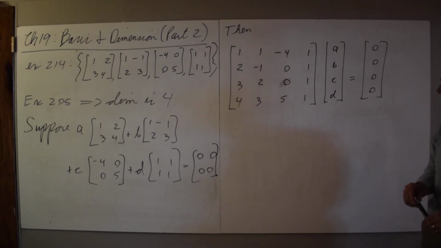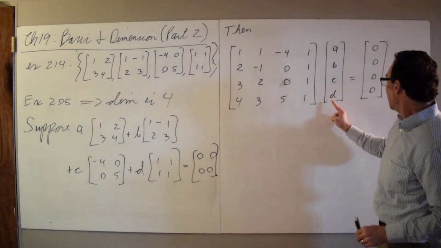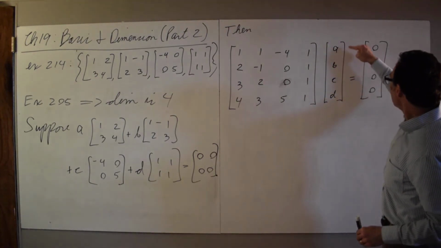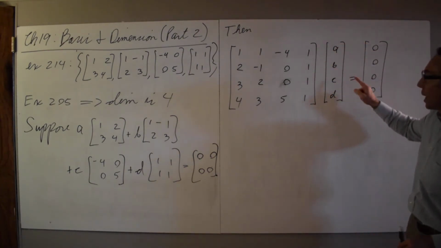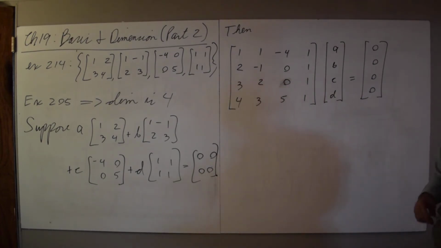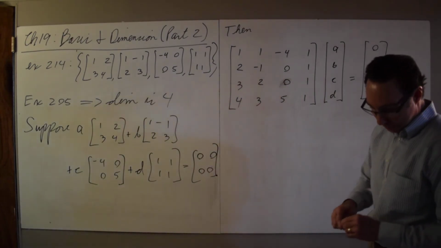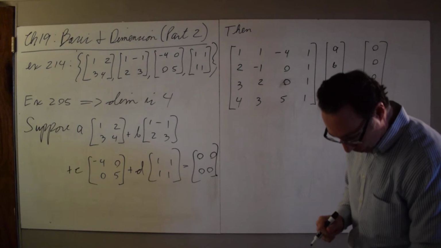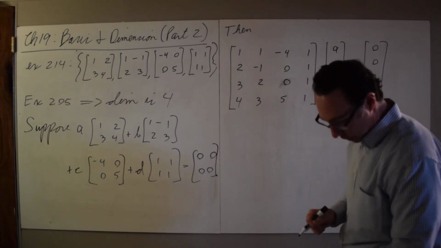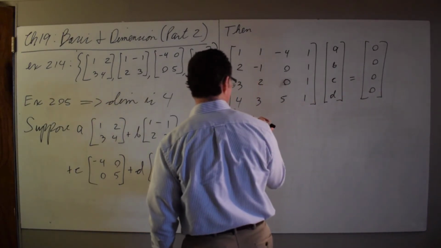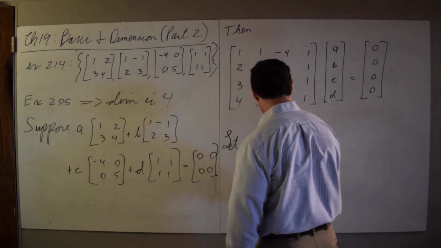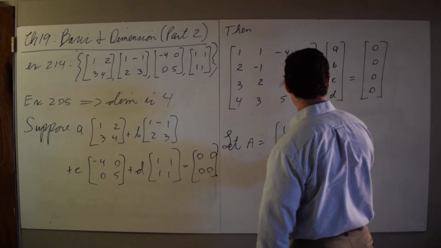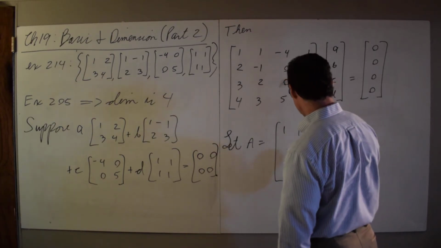So the question now is, can this be a non-zero vector, or does it have to be the zero vector? So do we have a non-zero solution? Let A be this matrix.